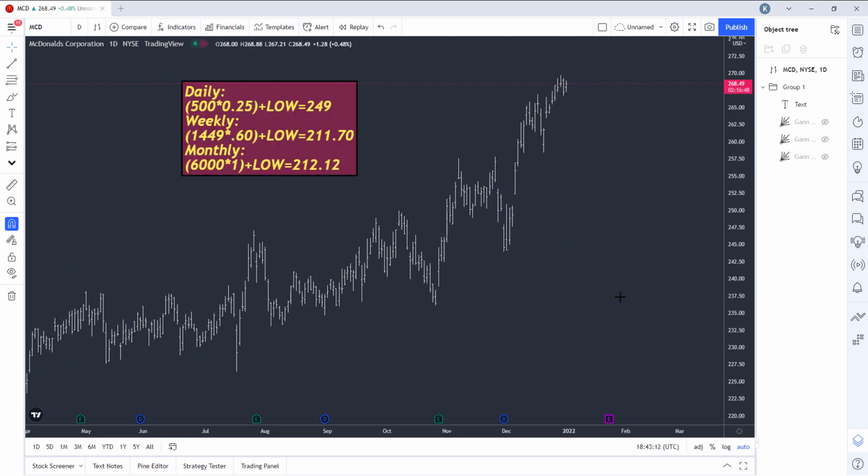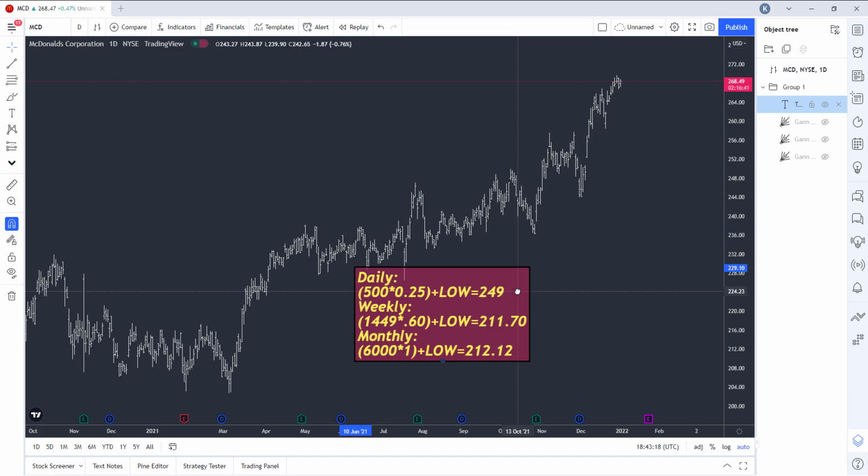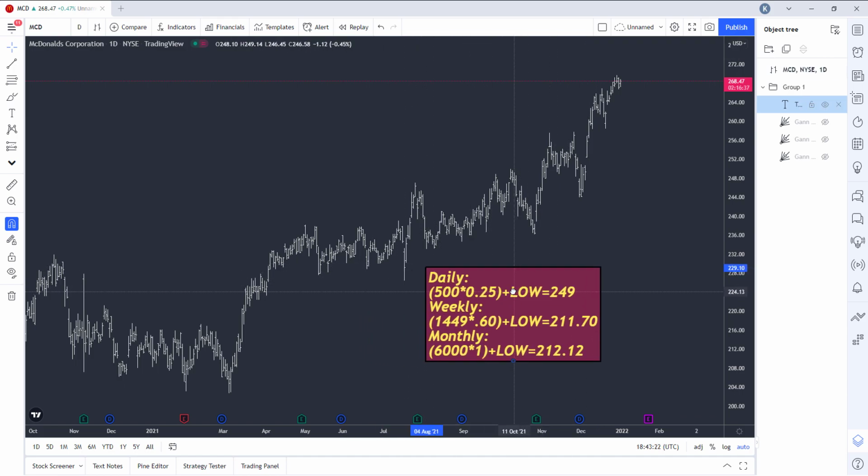The calculations are here actually. For the daily trend line, or the Gann angle, I used 500 days with 0.25 points each day.